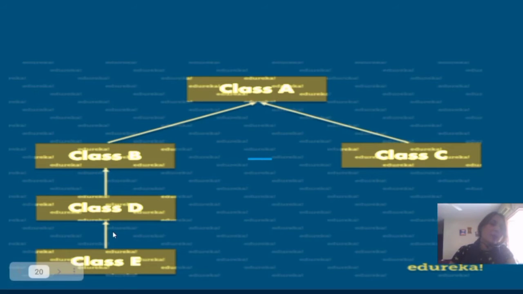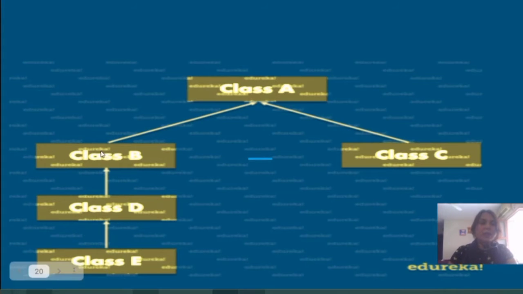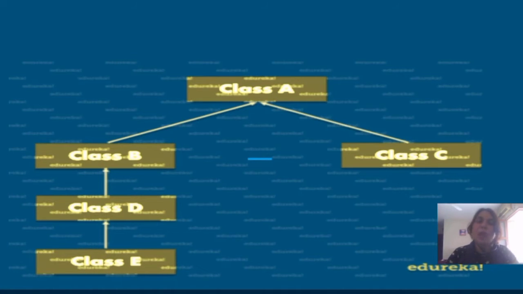But if we go to this side, we see that class D is derived by class C, and class D is derived by another class, that is class E. So here we can see a combination of multi-level and a combination of hierarchical. A combination of multiple types of inheritance is known as hybrid inheritance.